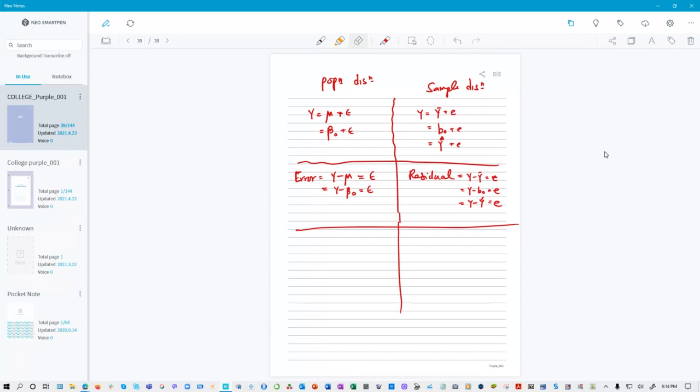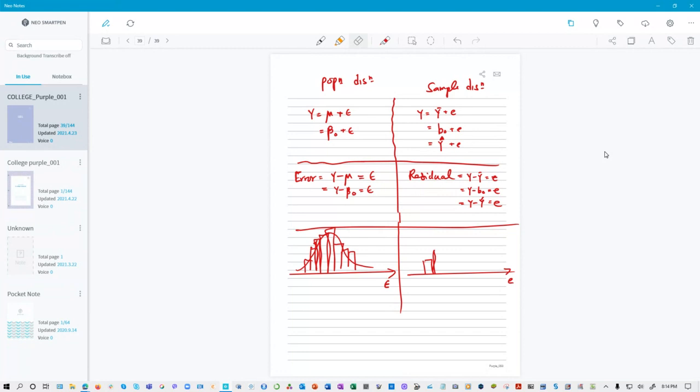Then you get the error, and then you draw the histogram for the error. This is the residual histogram. You can draw that for epsilon, and we can do this for the residual too.